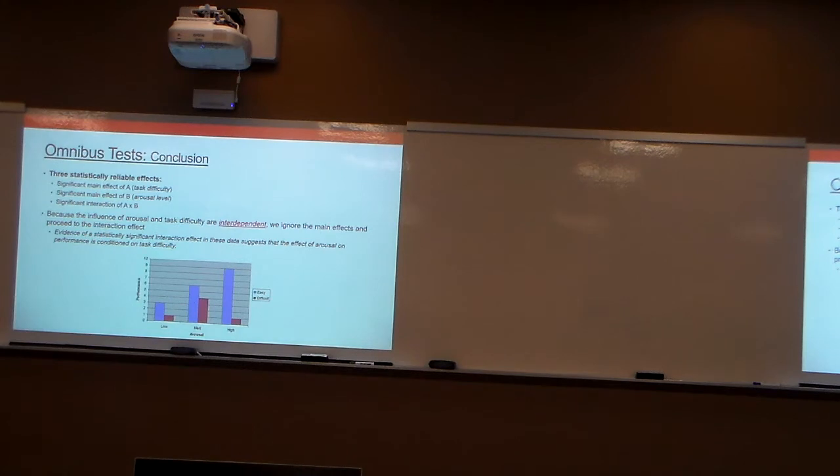All right, nope, we've got a 2x3: easy, difficult, 3 levels of arousal. So if I've got a main effect of task difficulty, that's saying I'm seeing differences in performance in easy versus difficult tasks, irrespective of arousal level. Collapsing across arousal, just on average, the average performance in easy tasks and the average performance in hard tasks show some sort of difference.